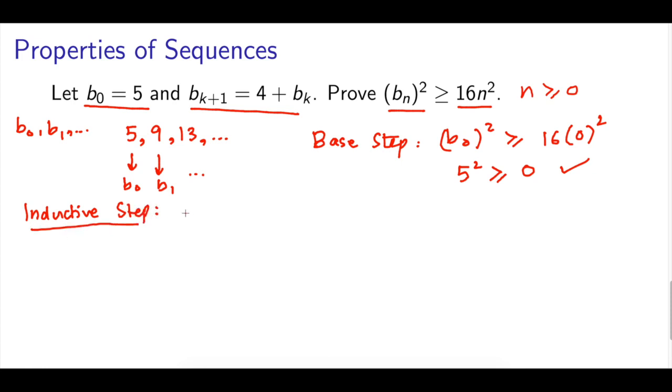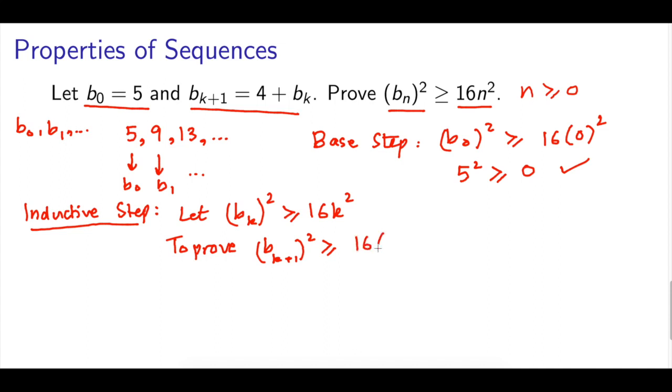So what is the inductive step? For the inductive step, we say let bk squared be greater than 16k squared. Okay, and then we have to prove that bk plus 1 squared is greater than 16 times k plus 1 squared.